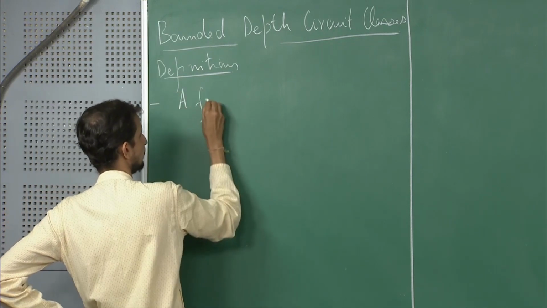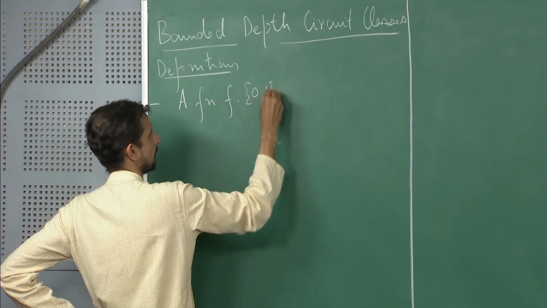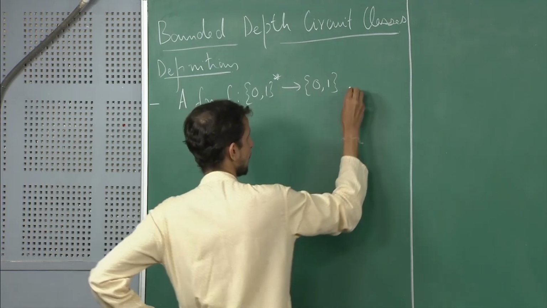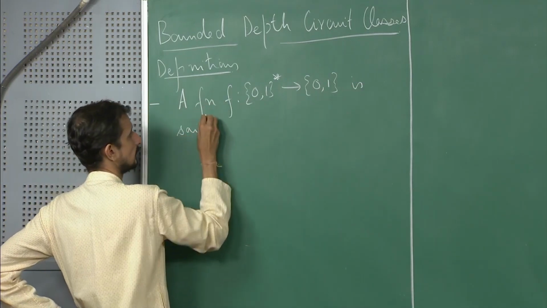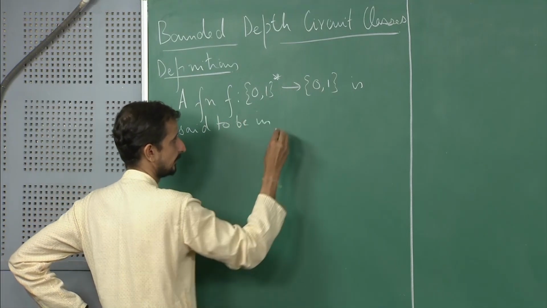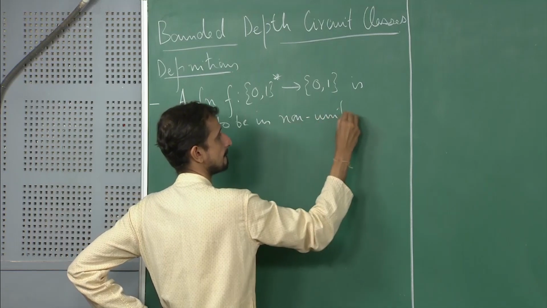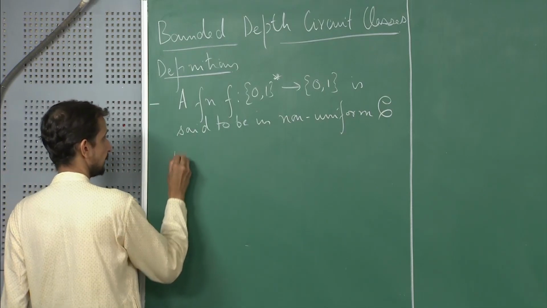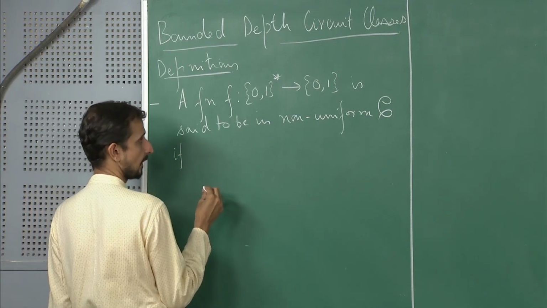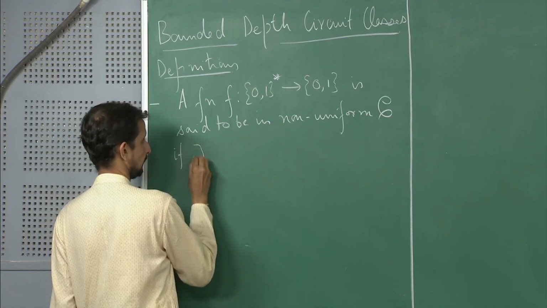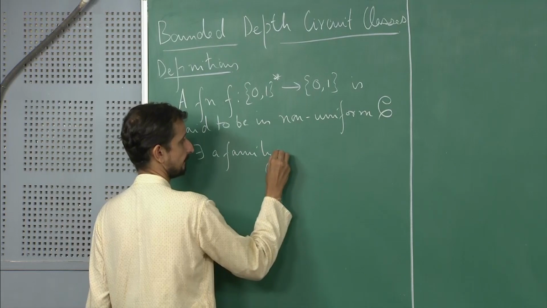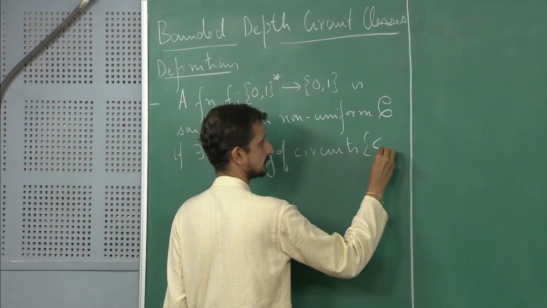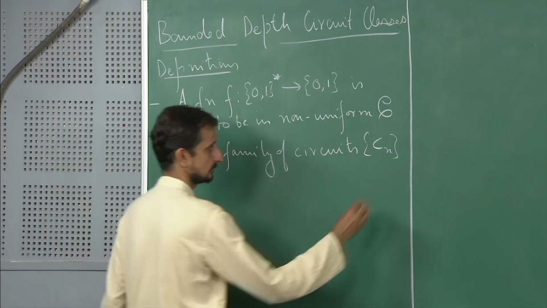So a function f from {0,1}* to {0,1} is said to be in the non-uniform class, let us say some C, some arbitrary class, if there exists a family of circuits Cn, indexed by n.